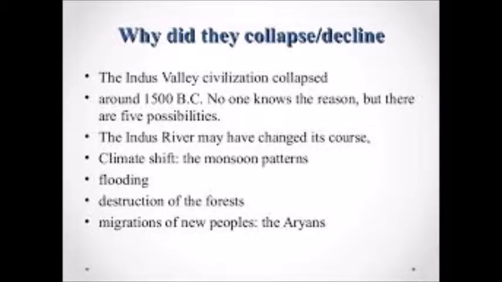A volcanic eruption. Remember all these mountains there? They could have had a volcano. Maybe invaders came in. We just don't know. It's still a mystery to us to this day what caused these early Indus people to decline.